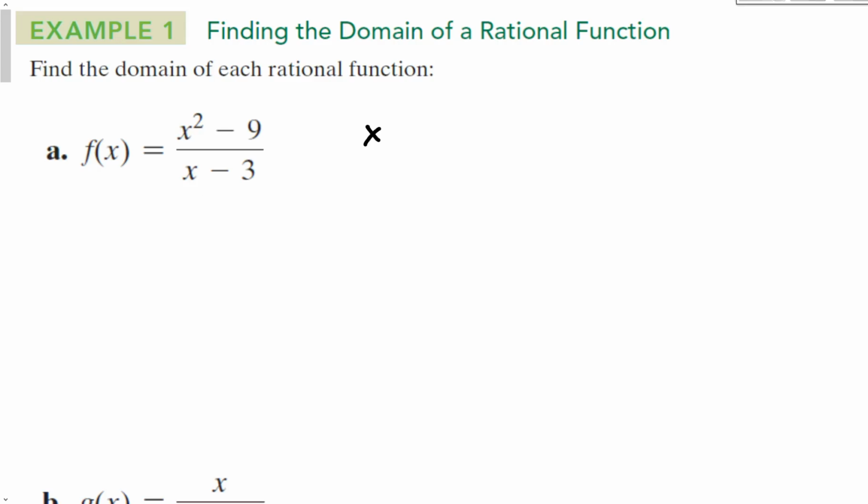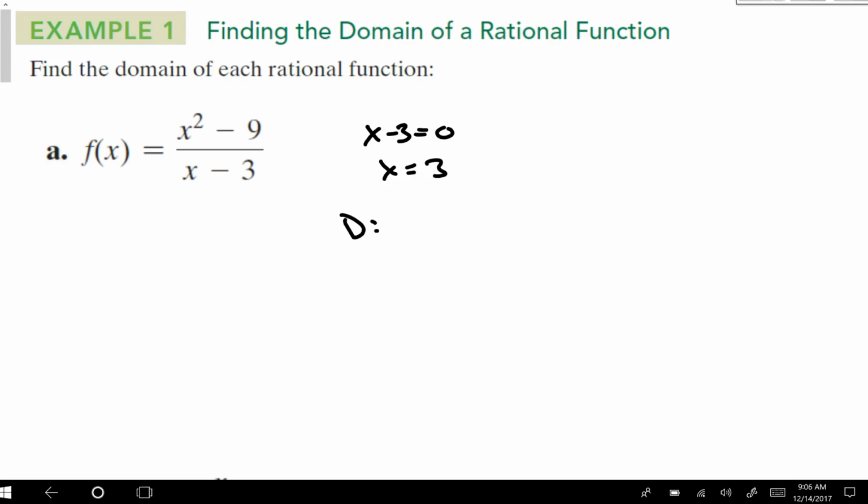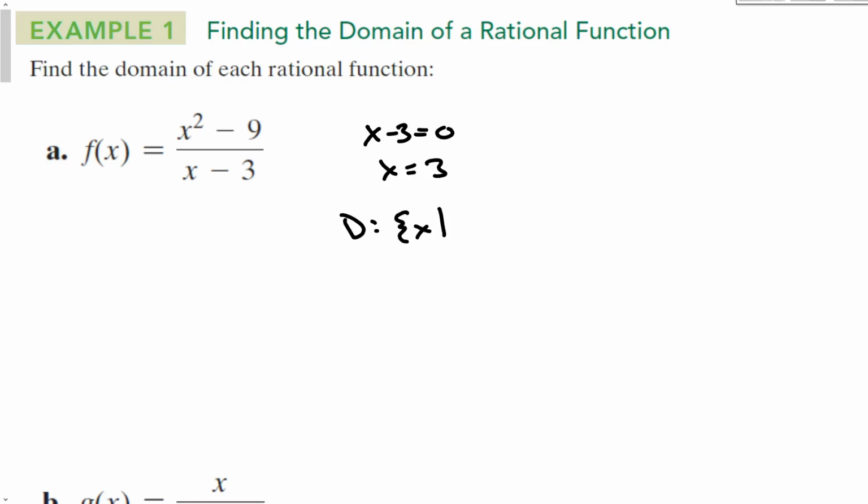So we set it equal to 0, and we see that x is equal to 3. That means the domain of this function is everything except for 3. So if I want to write that in set builder notation, I could write it as x such that x is not equal to 3.